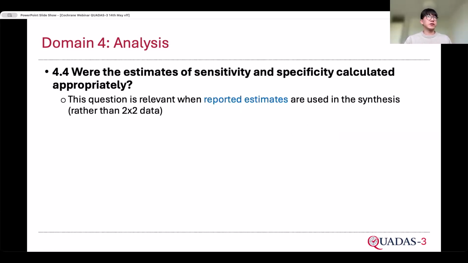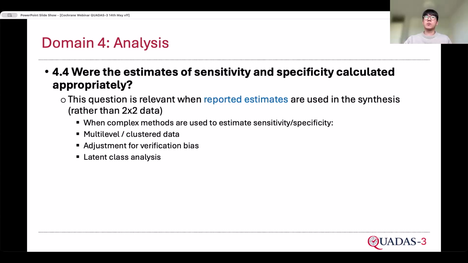The very last signaling question is, were the estimates of sensitivity and specificity calculated appropriately? And you might think why this question is relevant, especially if you're doing a systematic review where you're taking the 2x2 data directly to perform a meta-analysis. Well, this question is mostly relevant when you are not directly extracting 2x2 data, but you're extracting the reported estimates of sensitivity and specificity for your systematic review. Why would you like to do that?